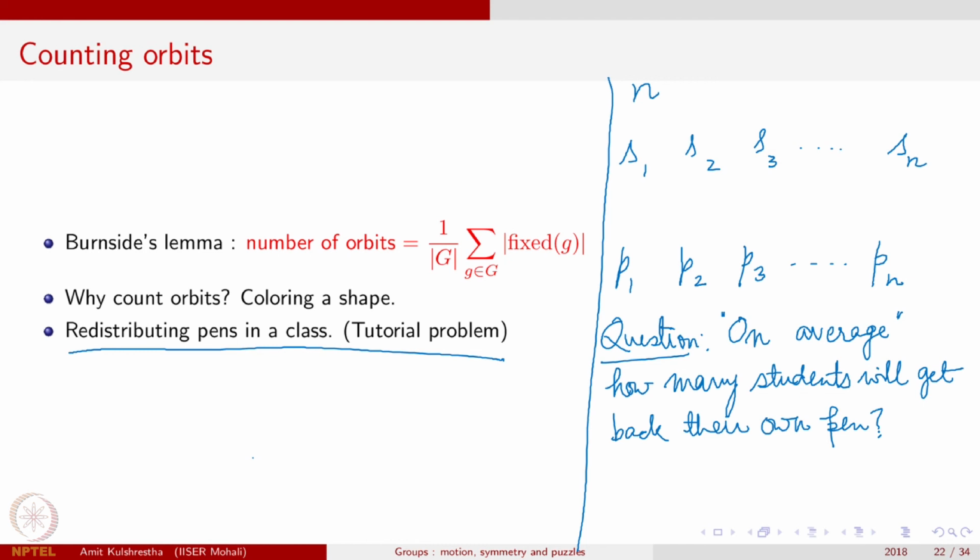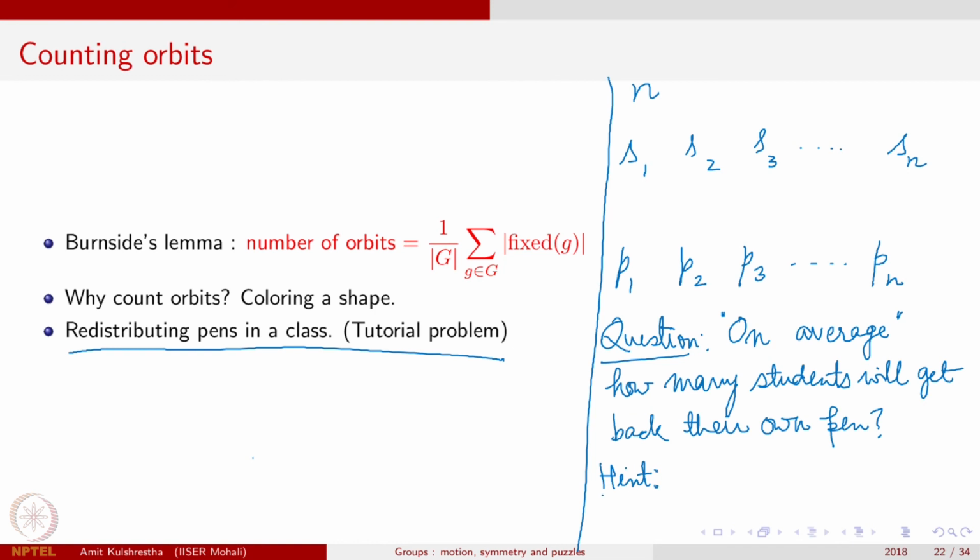And for this, one has to understand what is the action which is going on. One has to understand what is the group involved and what is the set which is there. So, I'll just give you some hint.